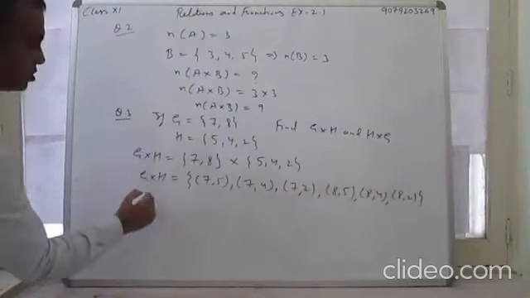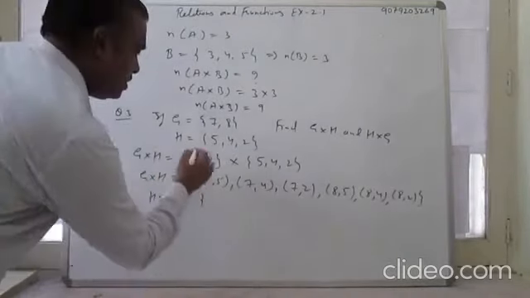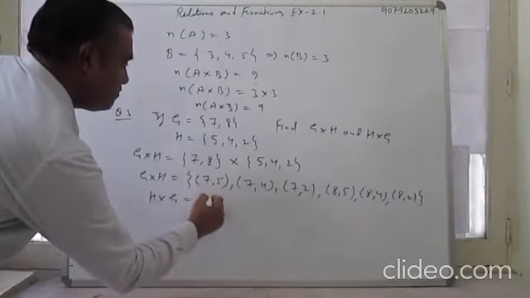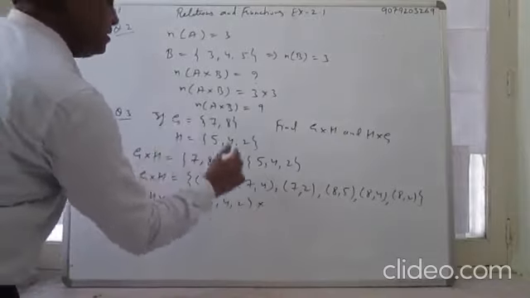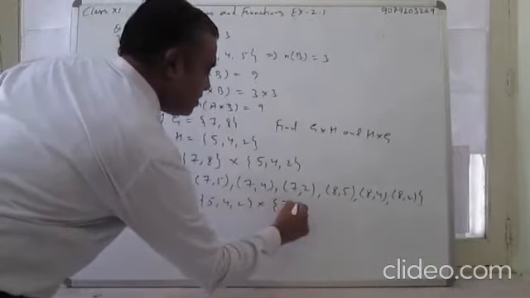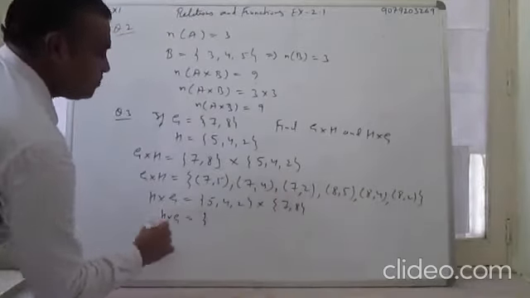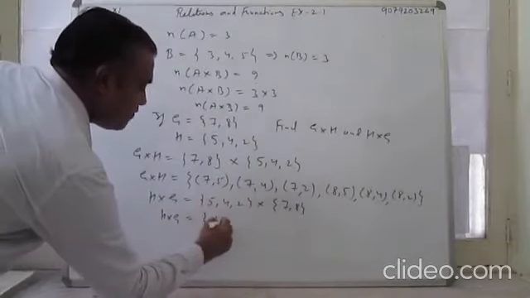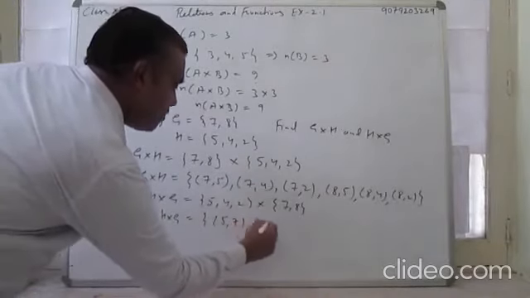Now H cross G. In H cross G, H is {5, 4, 2}. This is our first set, and G is the second set. So H cross G: the first ordered pair is (5, 7), the second ordered pair (5, 8).